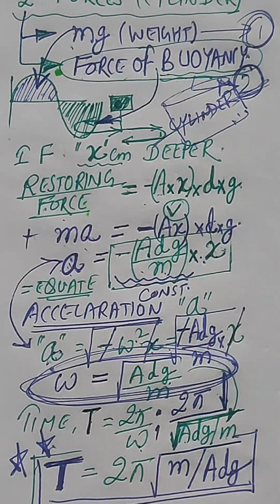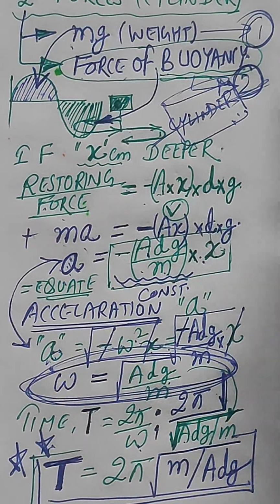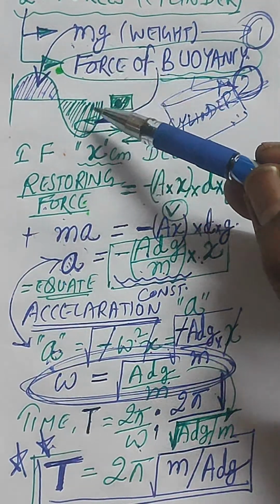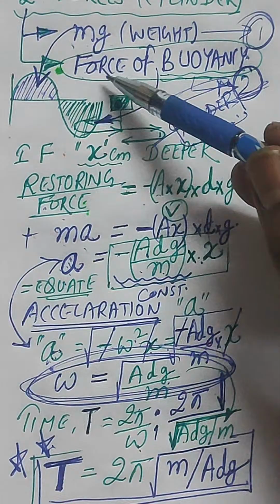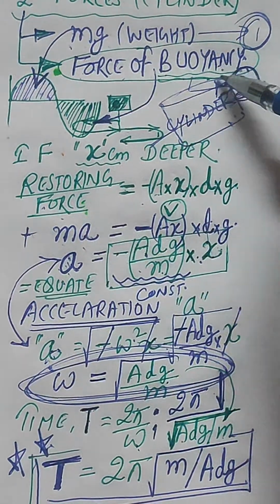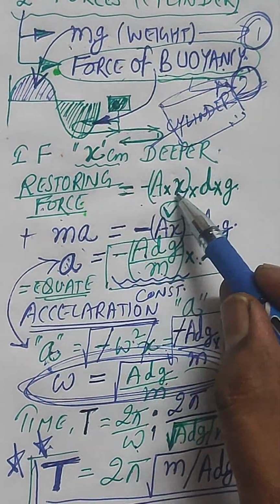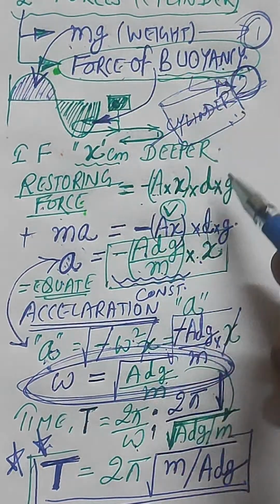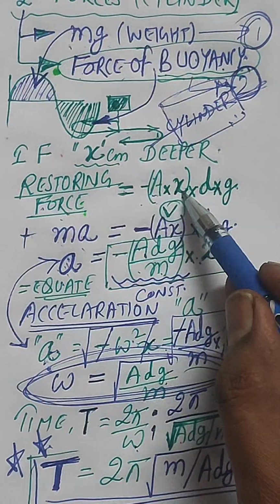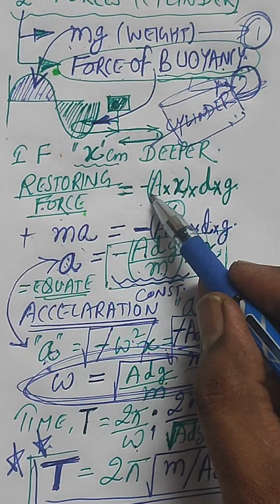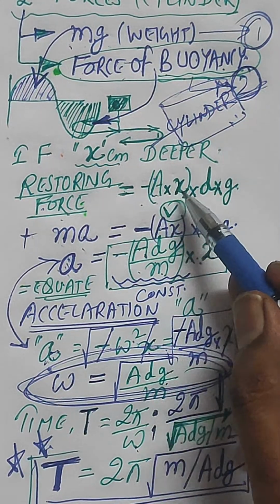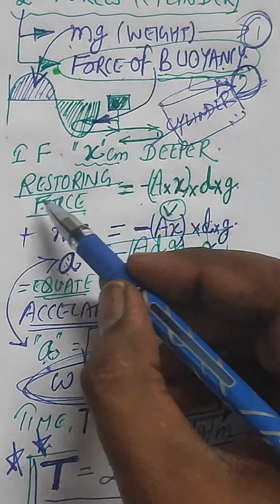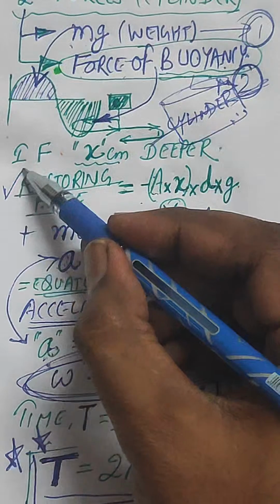So what are the basic formulas which I used over here? Weight is equal to mg, right? The Archimedes principle, the force of buoyancy, is equal to AXDG. This is the force of buoyancy given by Archimedes. A into X is nothing but area of cross section into length, which is volume, so V dg. Just remember this formula.